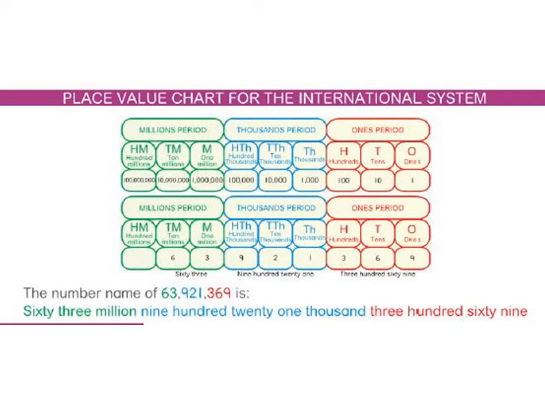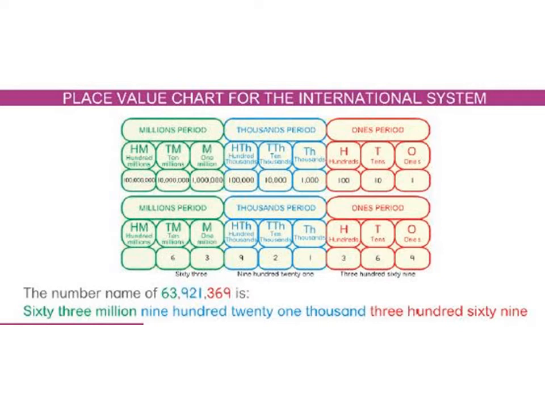There is an example given. The number is 63,921,369. Now if we place this number according to the periods, the 9 will come in the ones place, 6 will come in tens, 3 will come in the hundreds position, again 1 will come in 1000, 2 in 10,000, 9 in 100,000.